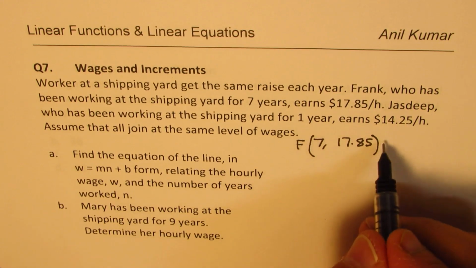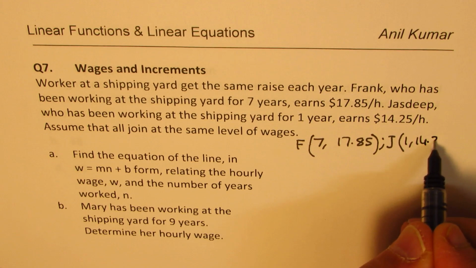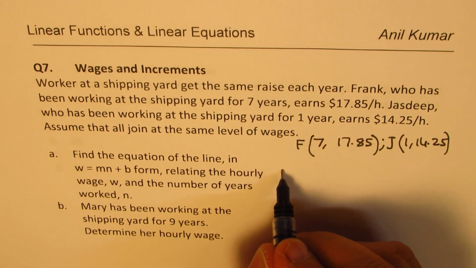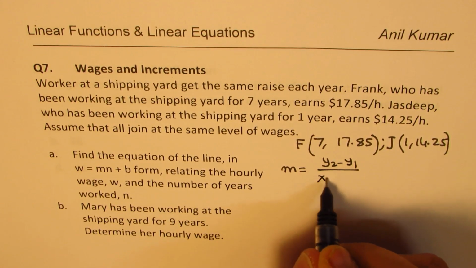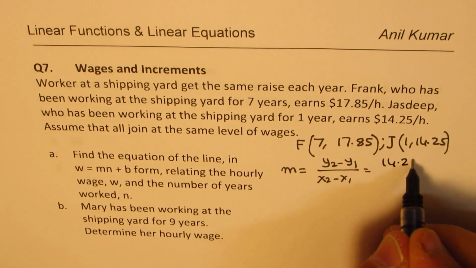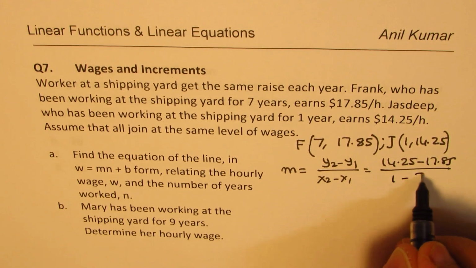Similarly, Jasdeep, so J, the coordinate point is 1 year and 14.25. So we get 2 points. Once you get 2 points, you can say, well, now the slope m is y2 minus y1 over x2 minus x1. And so we get 14.25 minus 17.85 over 1 minus 7.